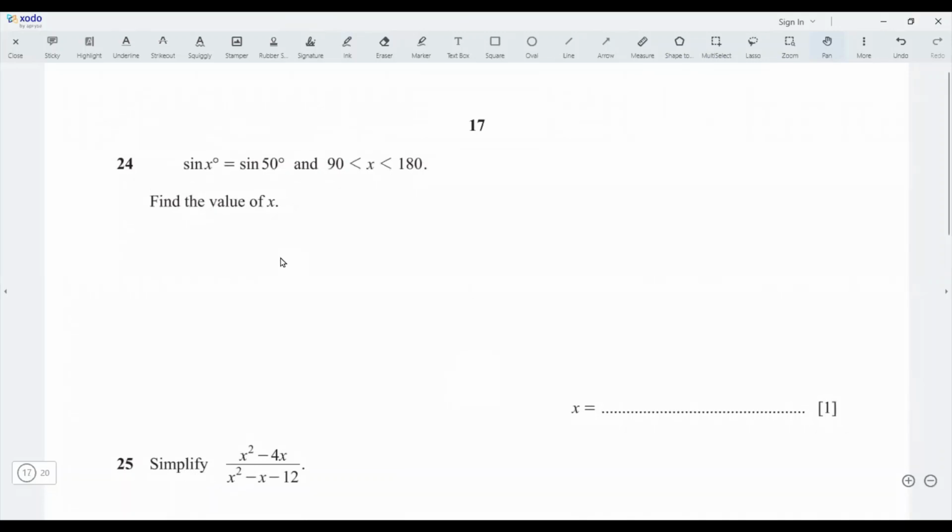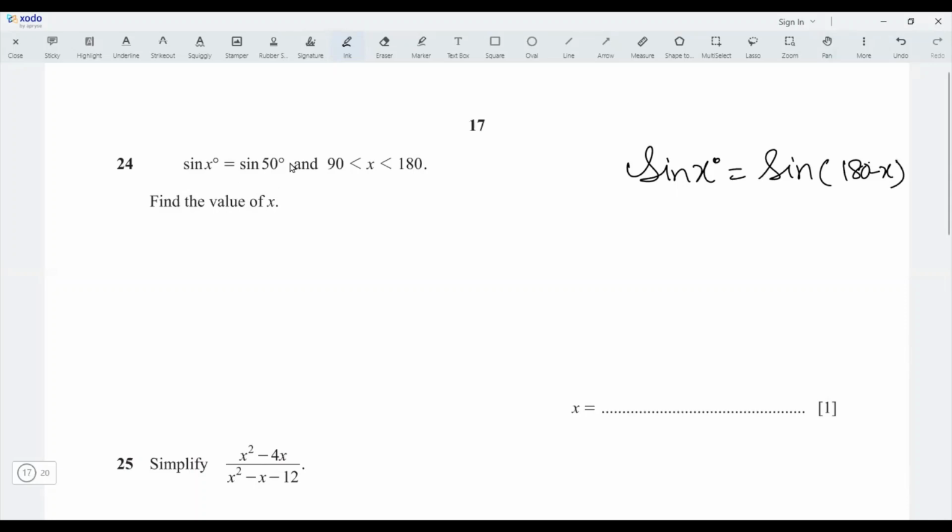In the next question, sine x is given as sine 50 and the interval is given as 90 till 180. We have to find the value of x. 90 till 180 is basically the second quadrant. Why have they told us it's the second quadrant? Because the values of sine are positive. So if sine 50 is given and we have to find sine x, always remember, sine x must equal sine of 180 minus x.